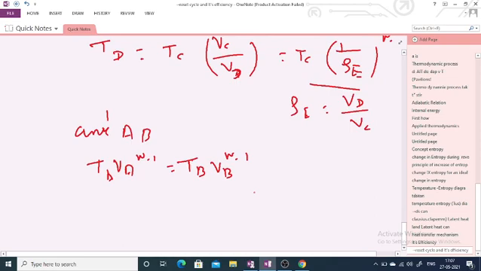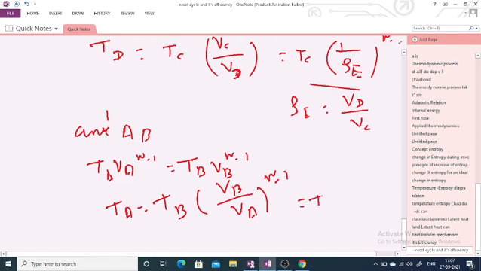So Ta is equal to Tb (Vb upon Va) raised to gamma minus 1.